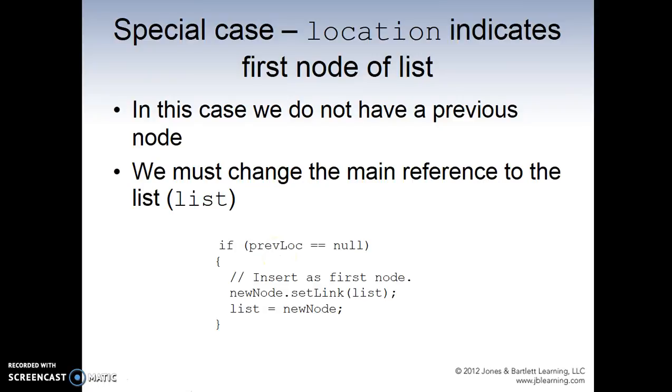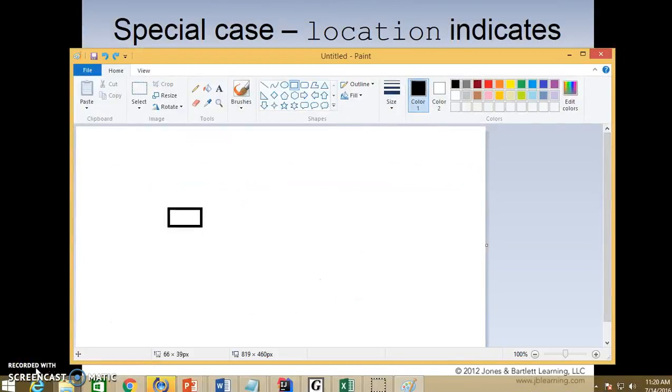Now the case is, if the previous location equals null, that means it is the first node, the first item, right? Then we can just set new node setLink to list and list equals new node. Let's say the list is empty.